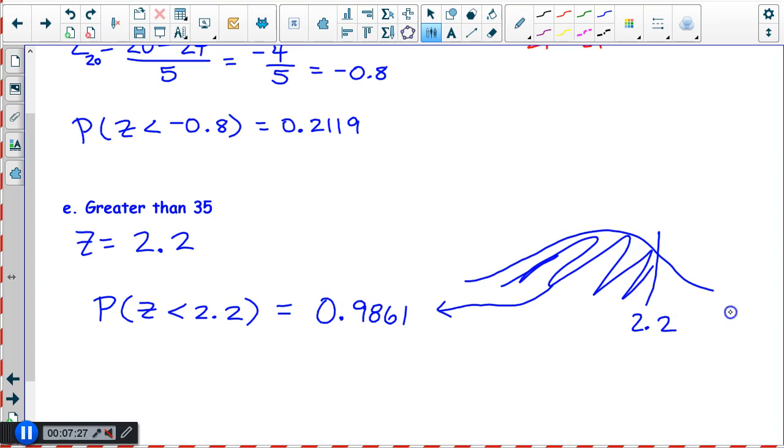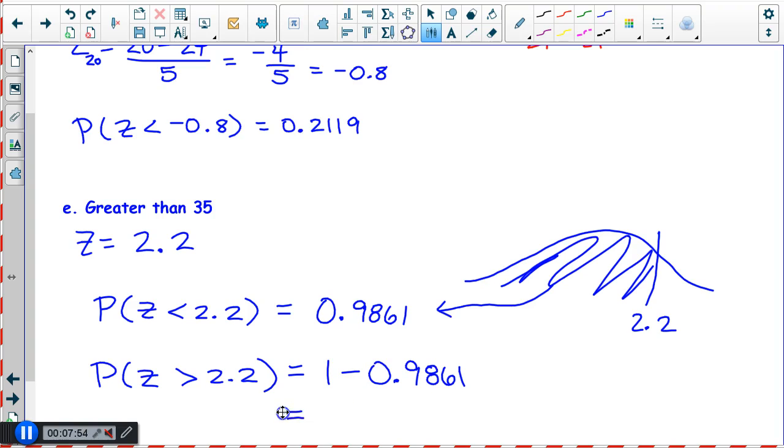What if we subtract from 1? Because what did I say a while ago about probabilities? They're between 0 and 1. So under your curve is 100% of the data, right? Well, 100% as a probability is 1. So if we want greater than, yes, we have to subtract. So the probability that Z is greater than 2.2 is 1 minus 0.9861.